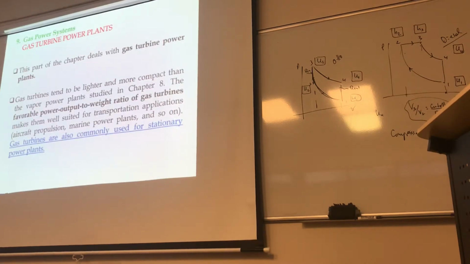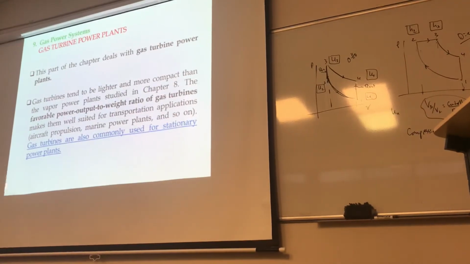Okay, just a few words, at least to get us going, about gas turbine power plants. So far we've been talking just about a gas that is confined in a gas cylinder engine, right? But this one is a bit different.